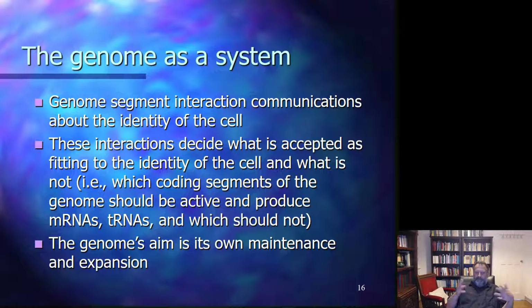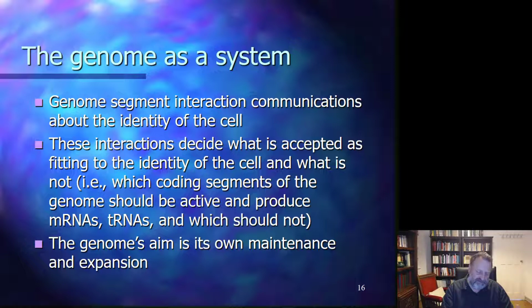So the molecular interactions involving the genome can be fitting or not fitting the identity of the cell, and this is decided through many interactions of these molecules, and it also leads to the activation of the correct mRNAs, tRNAs, and so on, which produce the right proteins within the cell. But we'll note in a moment what meaningful and meaningless interactions are.